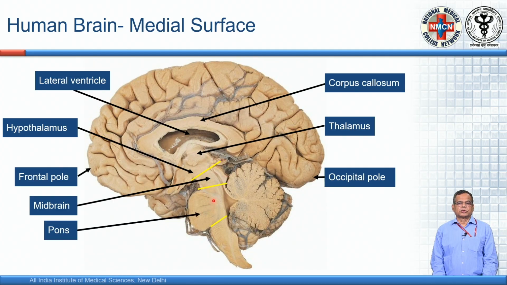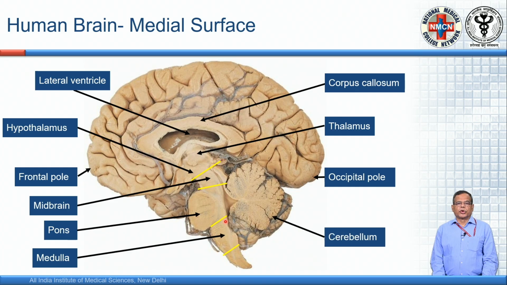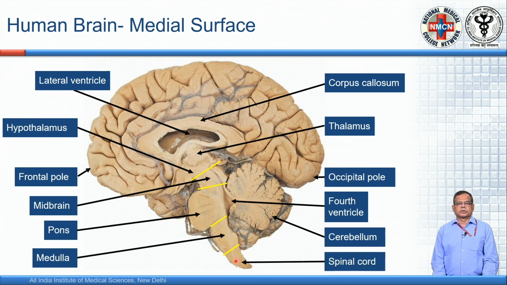The pons is oval in shape, and the lower border of the pons goes up to the fourth ventricle. Below the pons is the medulla, and behind the pons and the medulla is the cerebellum. The cavity between the pons, medulla and the cerebellum is the fourth ventricle. The medulla continues as the spinal cord.